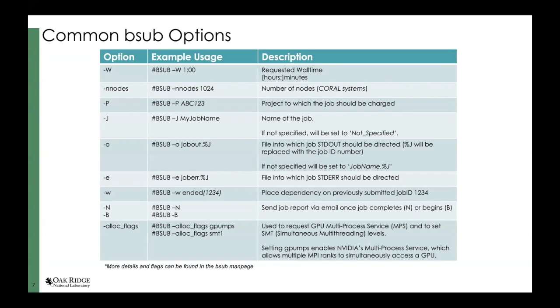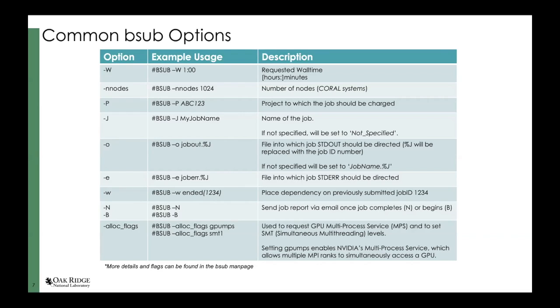The -J, I think you should also use for every job. If you don't specify the -J, the system will default to naming your job not_specified. That's not super useful when you look in the queue and try to figure out what your job is doing. It will by default name your output after the name of the job as well, so all of your output would be named not_specified.o or something.